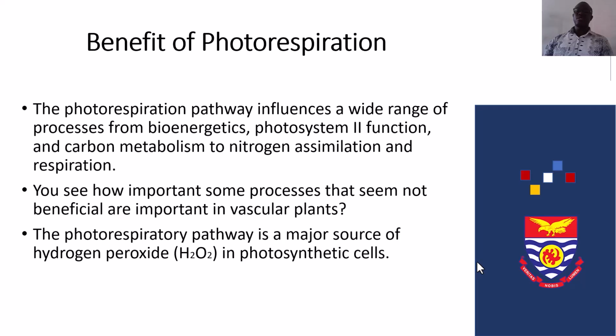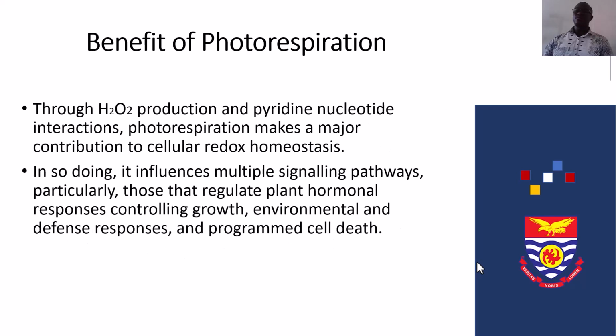The photorespiration pathway influences a wide range of processes, from bioenergetics, photosystem function, and carbon metabolism to nitrogen assimilation and respiration. You see how important some processes that seem not beneficial are in vascular plants. The photorespiratory pathway is a major source of hydrogen peroxide in photosynthetic cells.